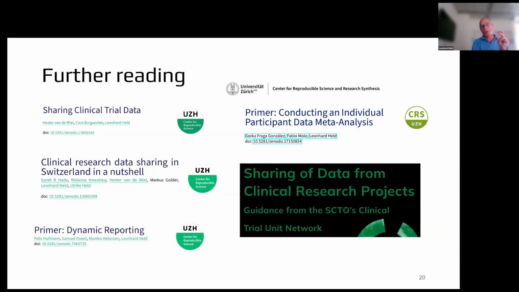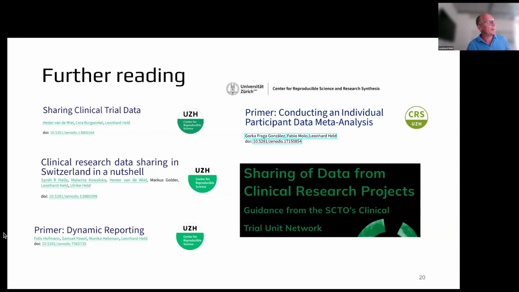Those are short, two, three, four pages long, and give you summary information on why and how to share data. And there's also information from the SCTO network on sharing of data from clinical research projects.